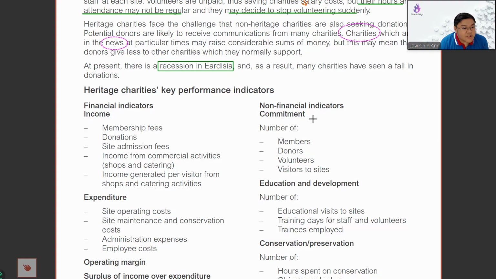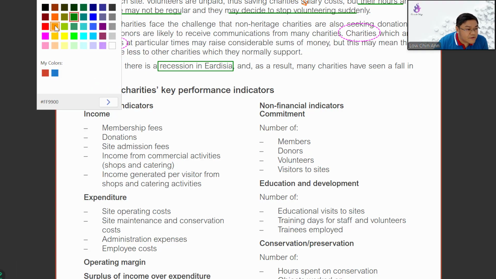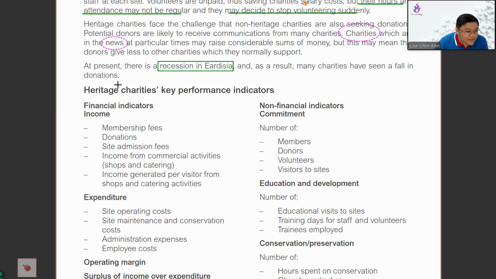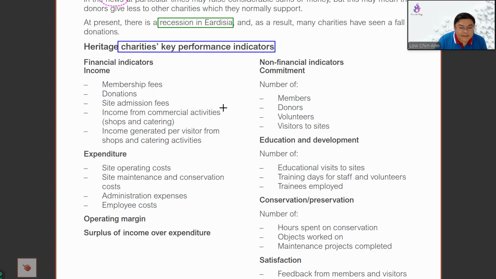Okay, charities have key performance indicators. So they are giving you the KPIs that they use to measure performance. Let's see what performance indicators they are looking at. They are looking at financial indicators. Obviously, they're measuring money. What kind of financial indicators?